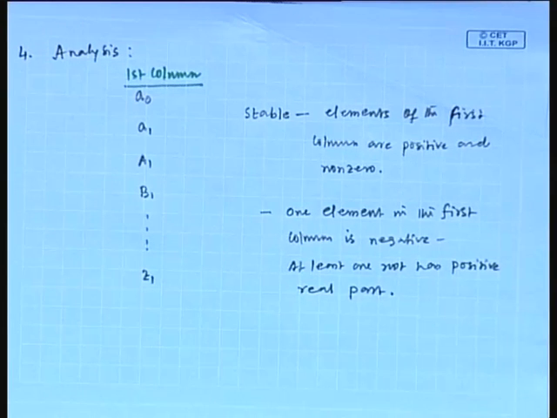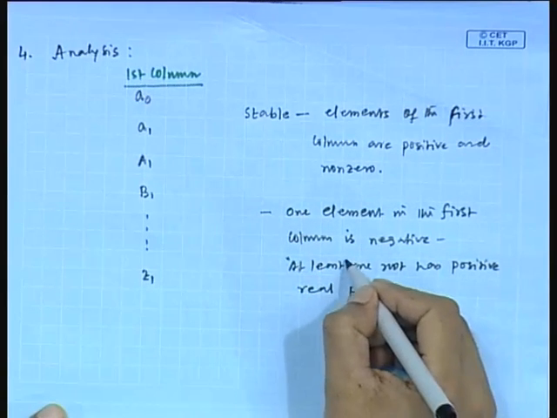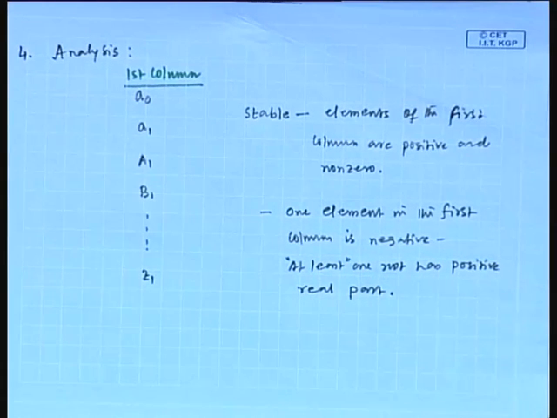I mean that root lies in the right half plane. See, we are mentioning here at least. That means there may be more than one root lying in the right half plane. Now, question is, at what situation more than one root lies in the right half plane?